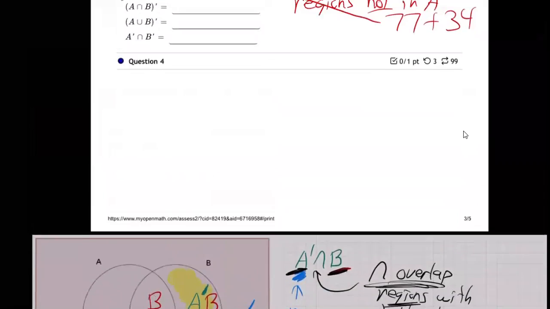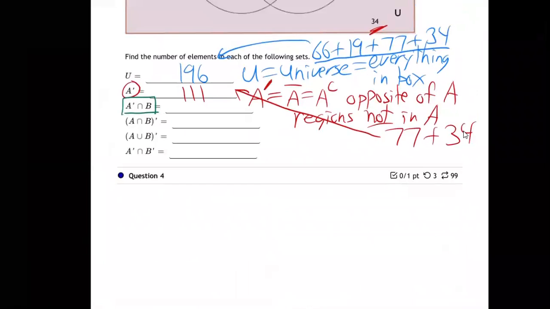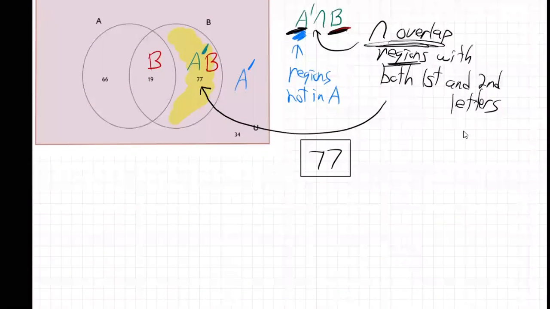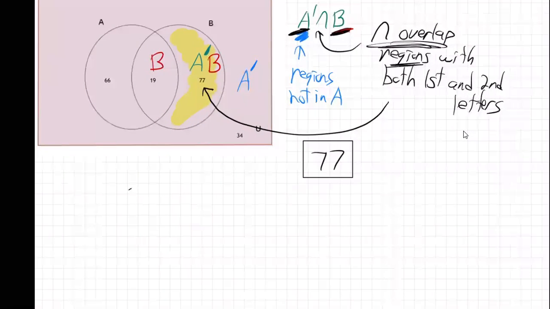I'm going to move on to the next part. Real quick, what if they had said A complement union B? Then that would be unite. I would put together all regions.